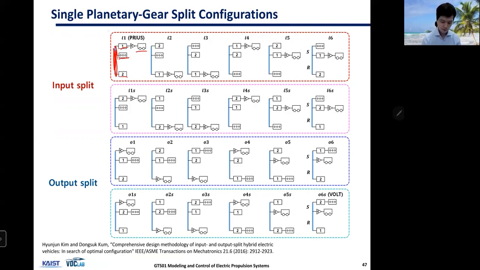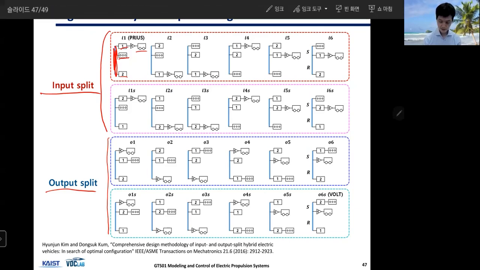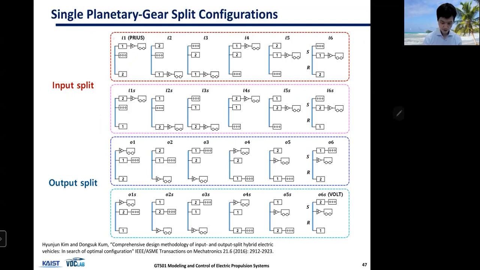And we have 24 input split configurations, and another 12 input and 12 output split. And you can see that Prius is right here and Volt is right here.